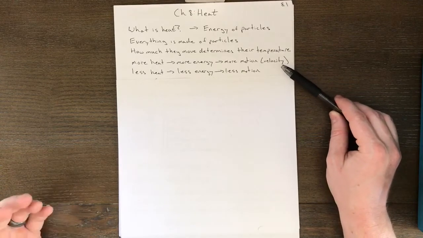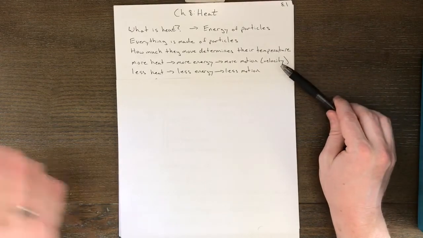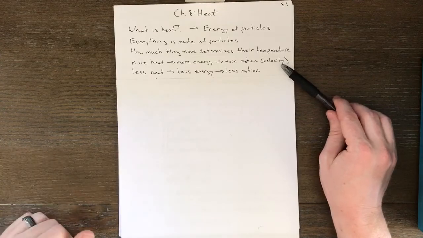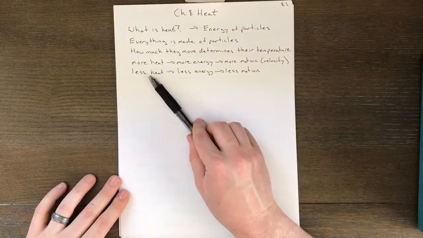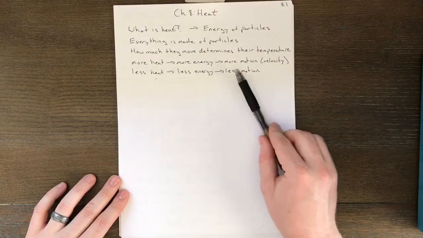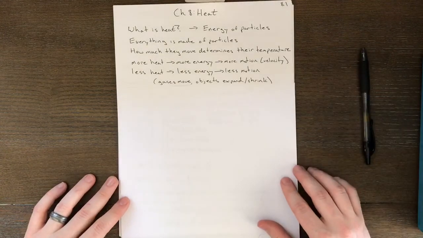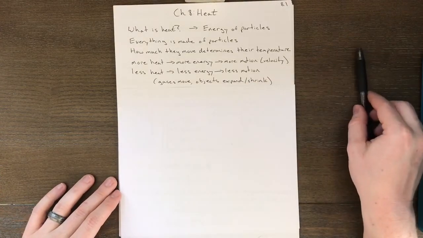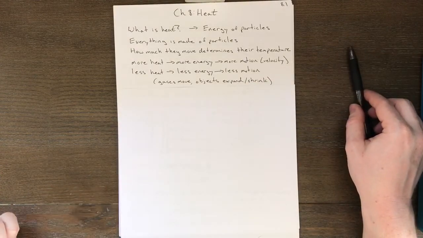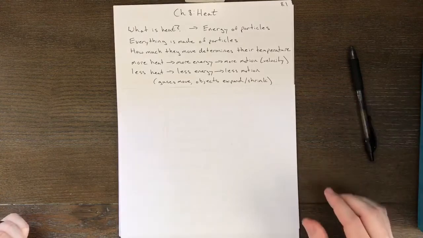The air temperature is really just a reflection of the average velocity of the particles in the air. And then similarly, if you have less heat, it means you have less energy, and that becomes less motion. And as I said, gases move. Physical objects might expand or shrink as their temperature is changed.